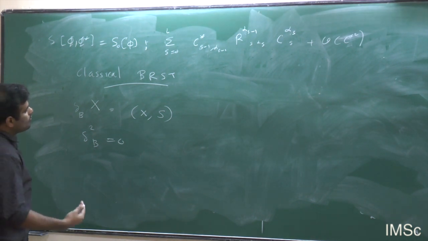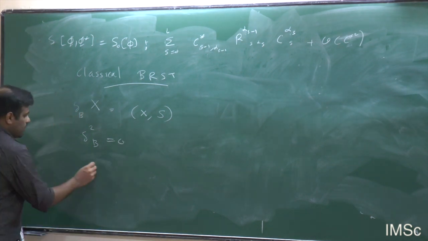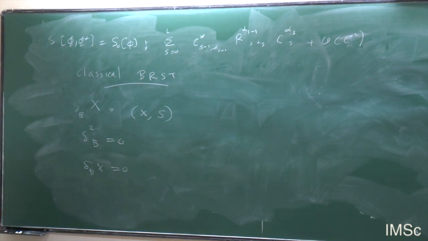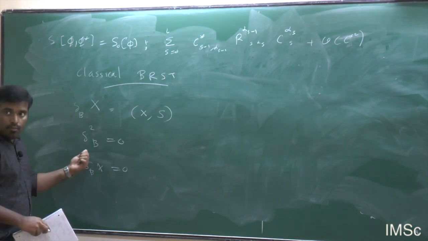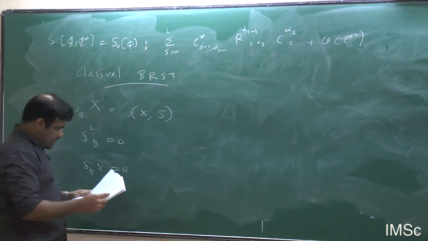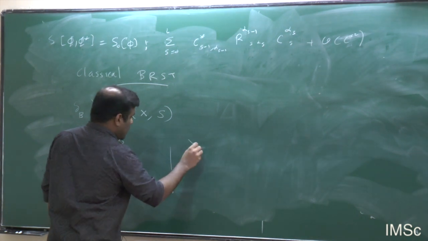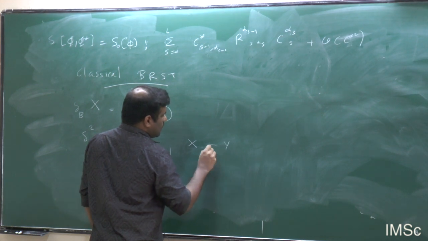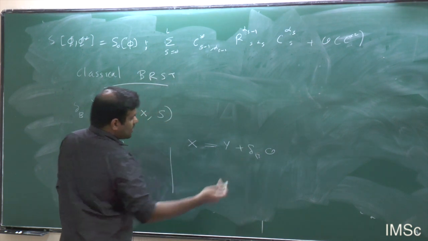All the physically sensible observables should belong to the cohomology of this operator delta B. That means a physical observable should be annihilated by this operator delta B. On top of that, say you have two field configurations or observables X and Y that are related by a gauge transformation or a BRST transformation.